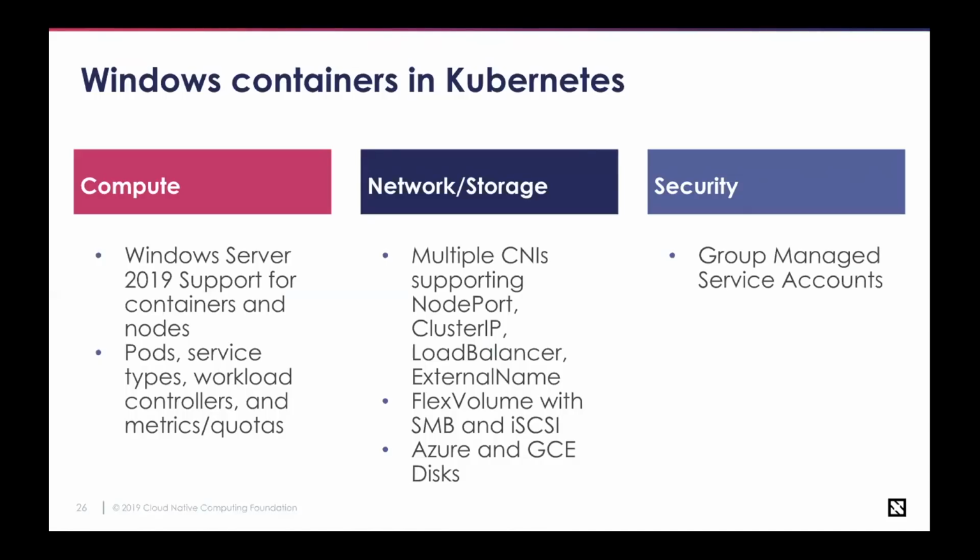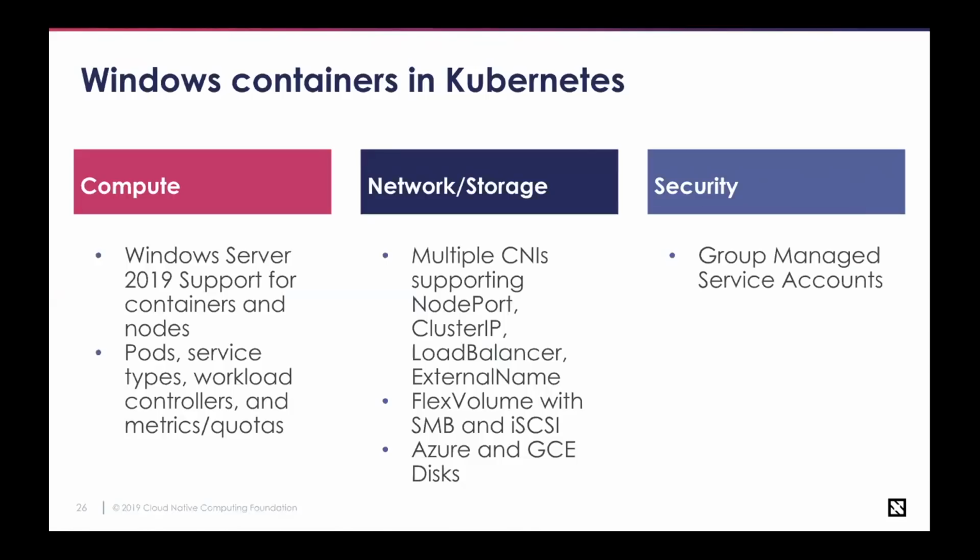And on the security side, with Kubernetes 1.14, we shipped a feature called Group Managed Service Accounts in alpha, and that feature allows you to give to your containers and to your pod an identity into your Active Directory. So that's very important in a Windows environment because your application may need to access an external database or a file share that's secured using Active Directory.